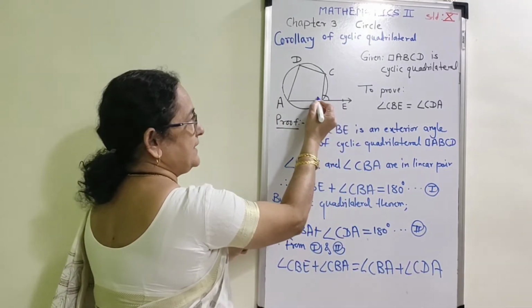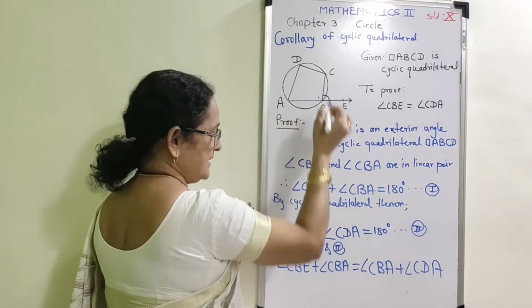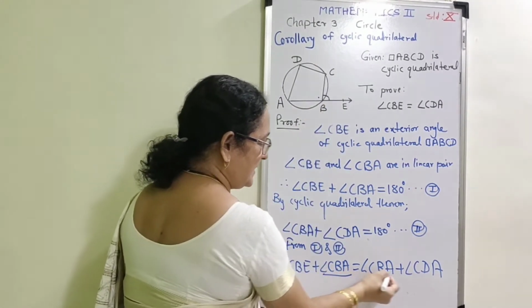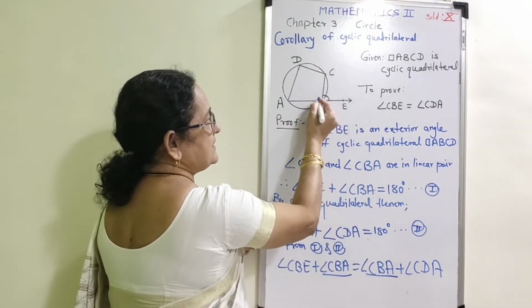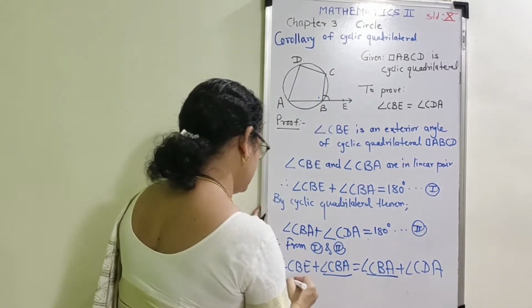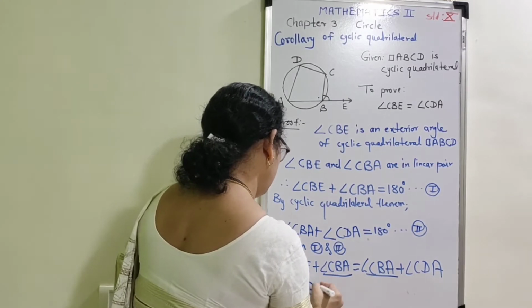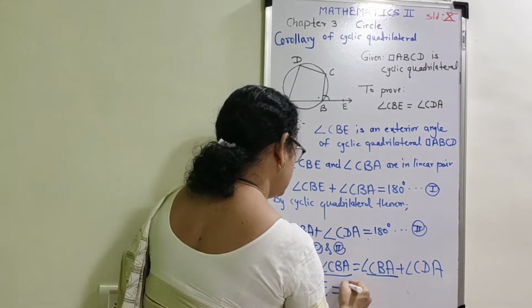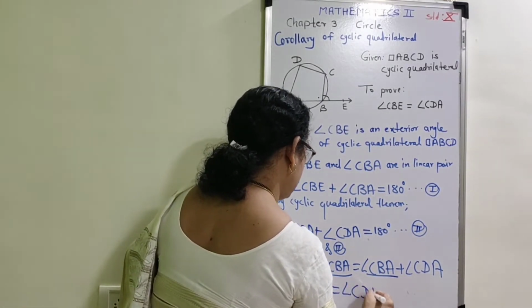Here, this angle is common in both the statements, that is angle CBA. Angle CBA gets eliminated, therefore angle CBE is equal to angle CDA.